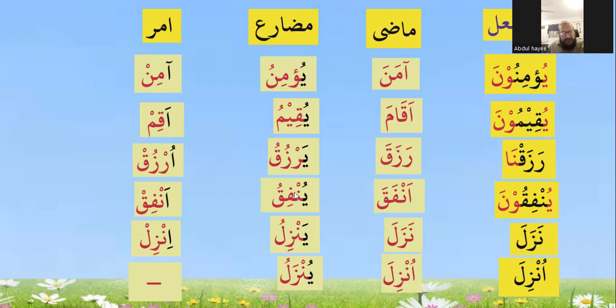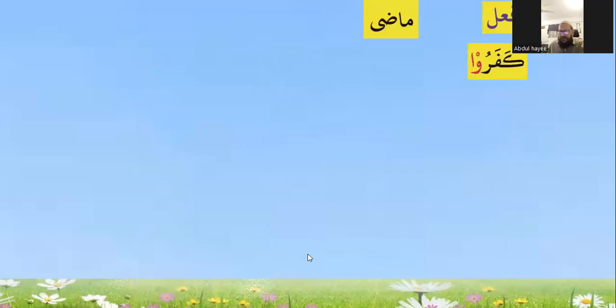The first letter has dhamma and the ain kalma fatha, like this yunzalu. It's mudare majhul. And when it's majhul, unzila is the majhul word, we will not have an amr. There is no amr.